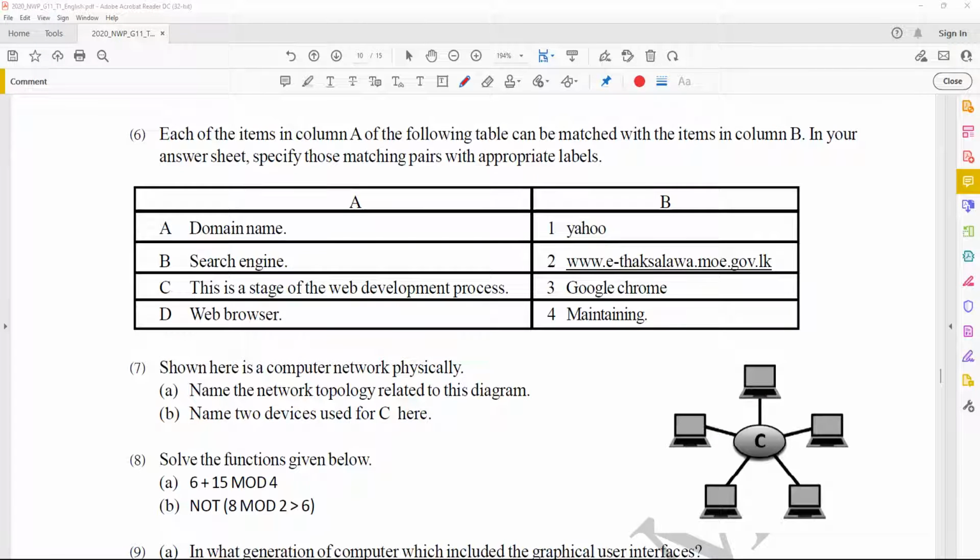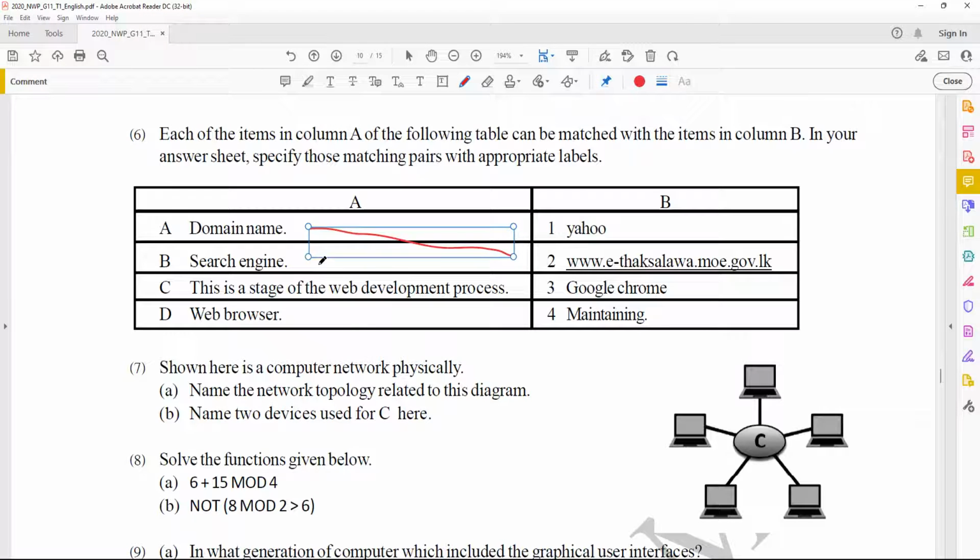What is the example for domain name? Which one, from B? www.ethos, exactly. So a domain name starts with www dot something. A search engine, which one is a search engine here? Yahoo. Yeah. Before Google came into the picture, when I was your age, we used Yahoo.